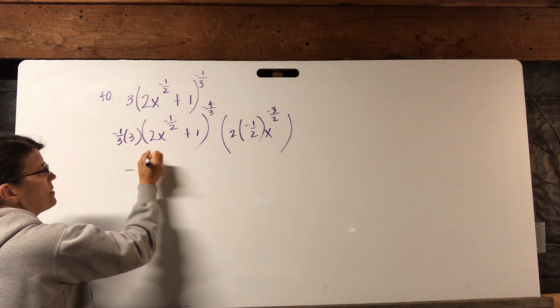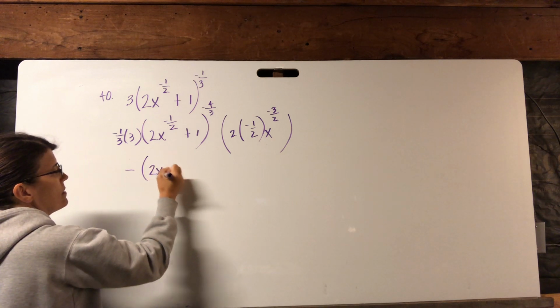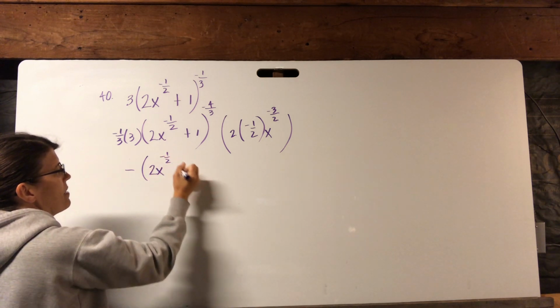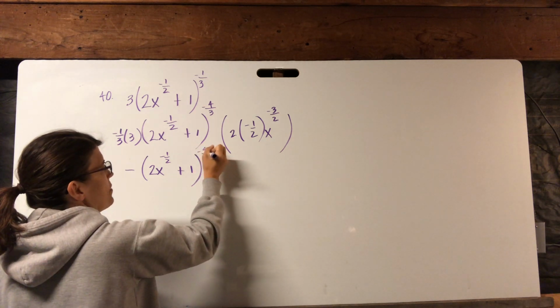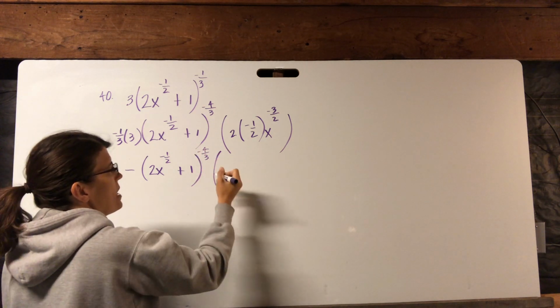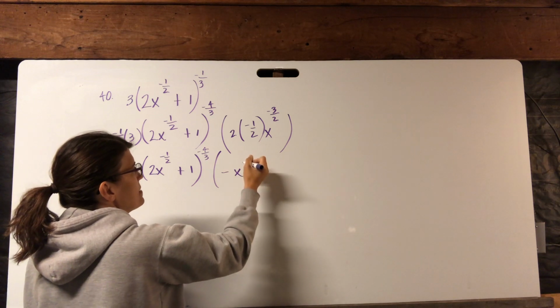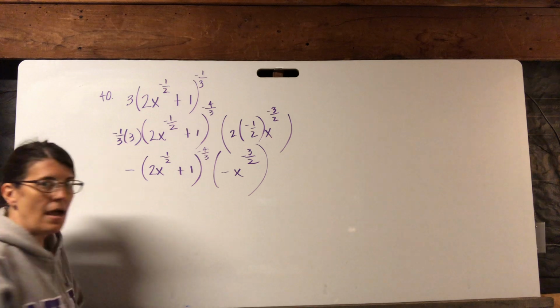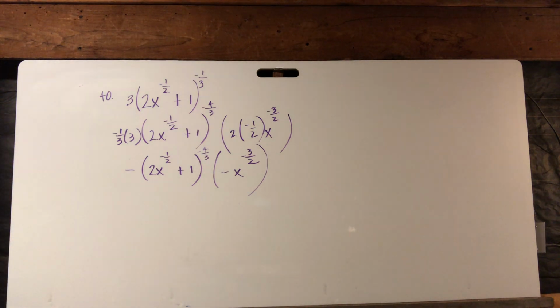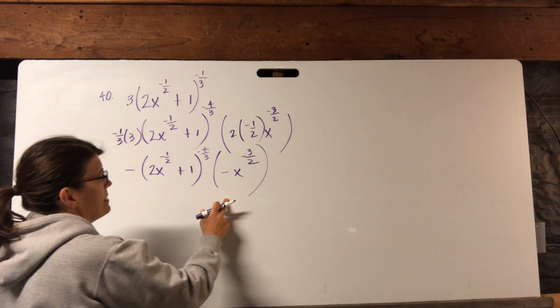So this becomes -2x to the -1/2 plus 1 to the -4/3 times -x to the -3/2. Negative times a negative is a positive.